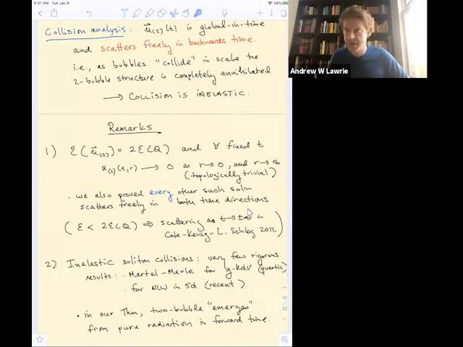Outside of the integrable setting, for example for the sine-Gordon equation or the integrable KdV and NLS, you have elastic collision of solitons. Solitons pass right through each other. But it's expected that outside of the integrable setting, collisions are generically supposed to be inelastic, so that in any collision of solitons, some energy is lost to radiation. As far as I know, there's very little rigorous work in this direction.